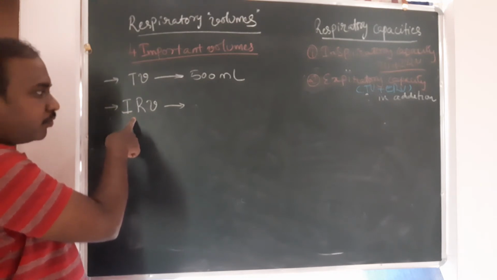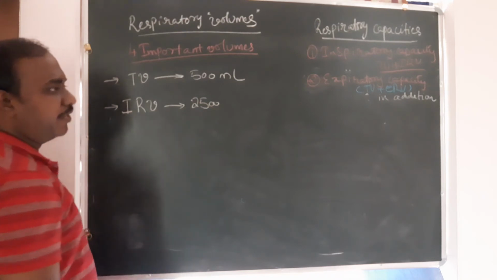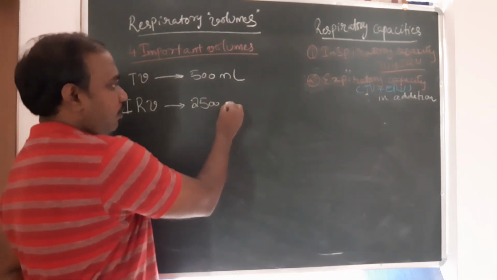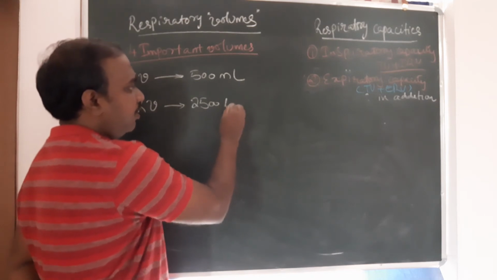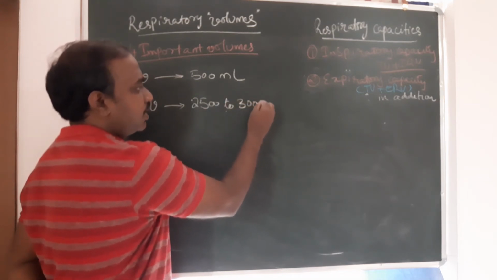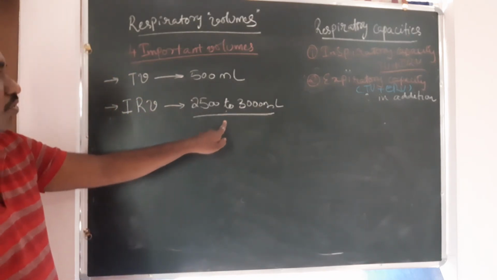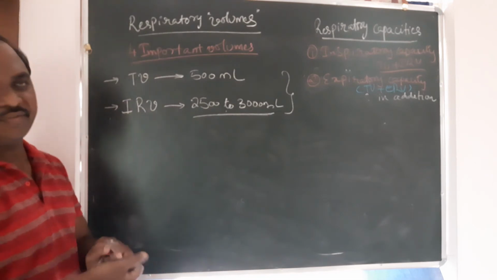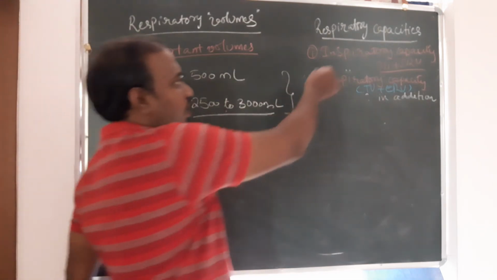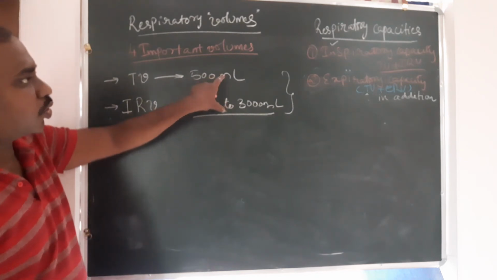The amount is 2500 to 3000 ml at the maximum. If you include these two, what would you get? You would get the inspiratory capacity, isn't it? So this is the total.